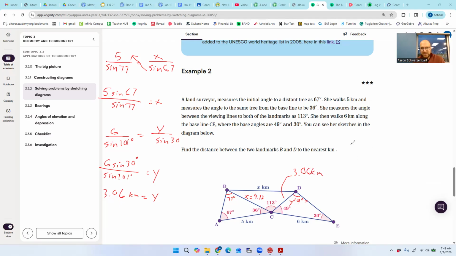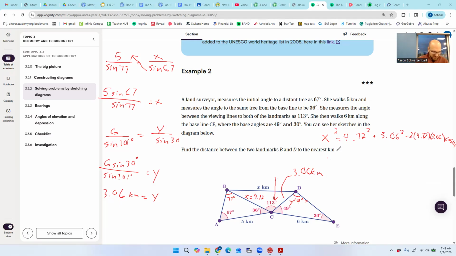Now probably the easiest way to do this is law of cosines. 4.72 squared plus 3.06 squared minus 2 times 4.72 times 3.06 times cosine 113. It's a little hard to see the cosine of 113, but it's this angle right there.